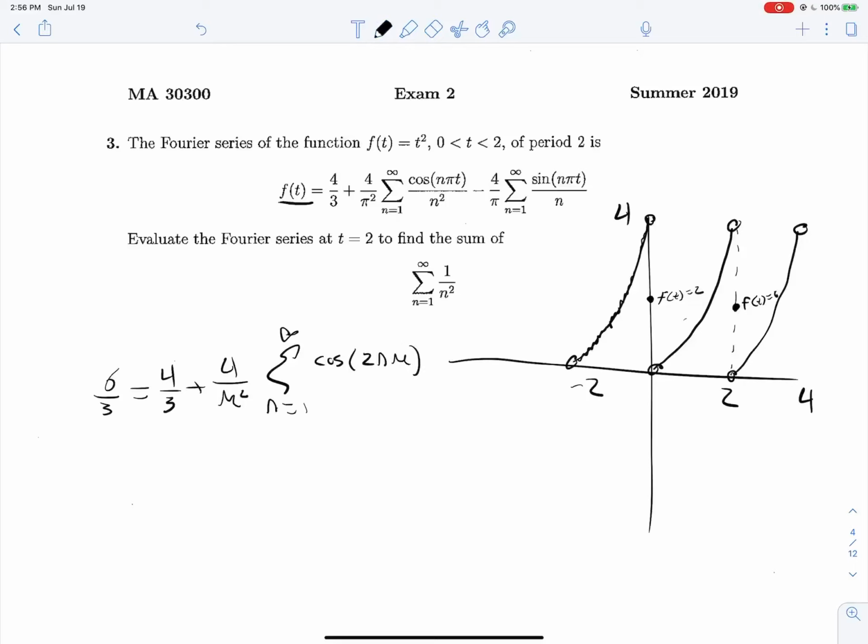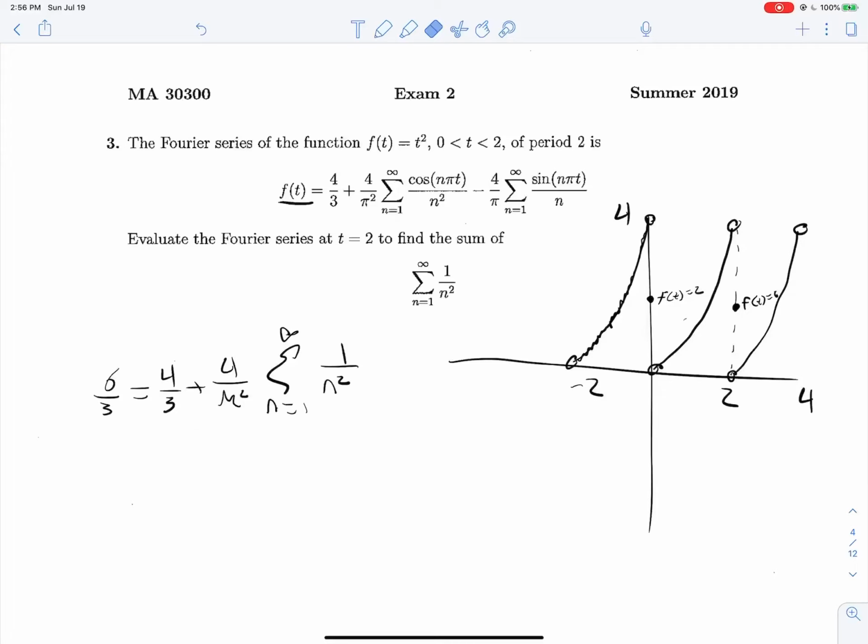And for integer n, this is always going to be a multiple of 2 pi, so that will just evaluate to 1. So we have 1 over n squared. And then for this last term, we're going to have the sine of 2n pi, which is, yet again, always a multiple of 2 pi, and so that will always evaluate that entire term to 0.